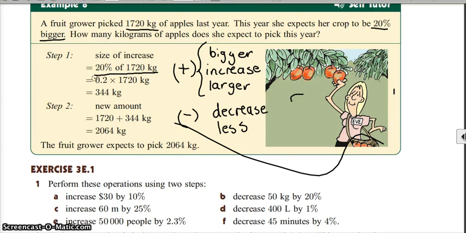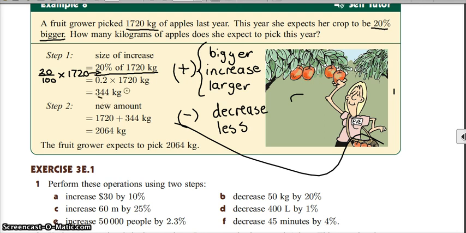Will asked me, do I need to do 20 over 100 times by 1720 in here? Does he need to do that? No, you don't need to do that. But what I'm saying from before is not everybody understands that 20% is 20 over 100, so maybe you do need to.